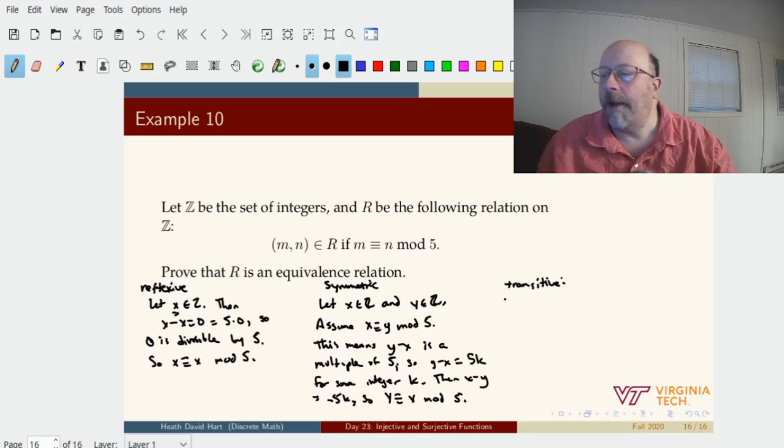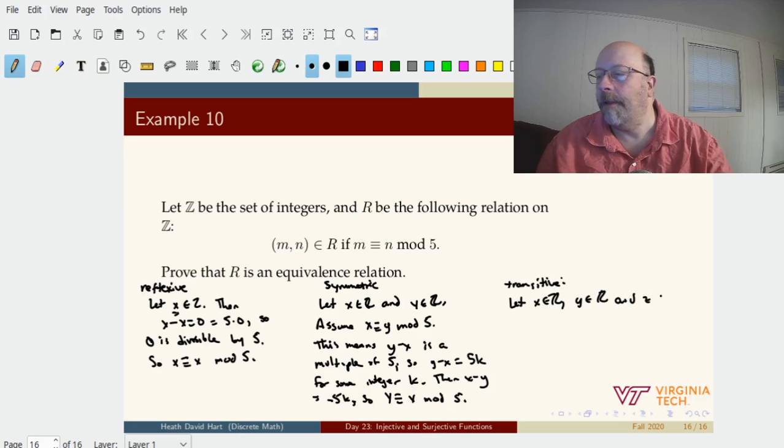So let's talk about transitive. This time we have to start with three letters. Let x be in Z, y be in Z, and z, little z, be in big Z. Okay?